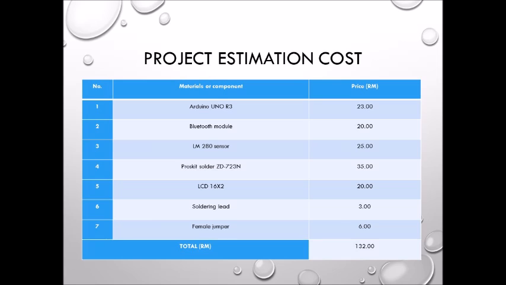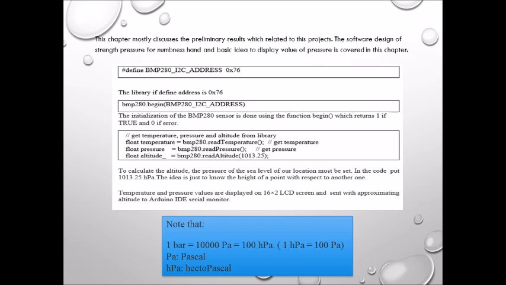The initialization of the BMP280 sensor is done using the function begin, which returns 1 if true and 0 if error. Temperature and pressure values are displayed on the LCD screen and sent with approximate altitude to the Arduino IDE serial monitor.